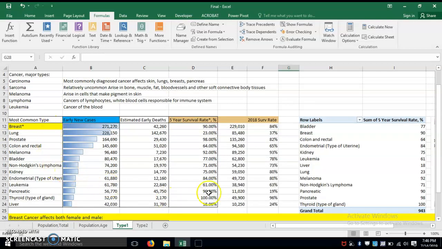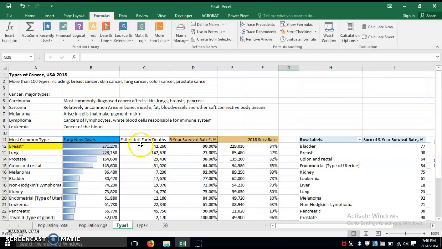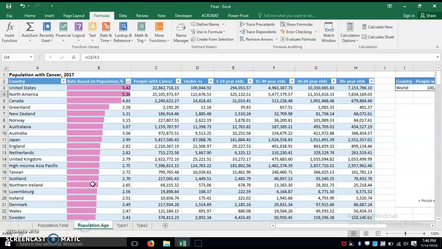And here is the rate of the 13 most common types of cancer. I just want to mention that it only relates to the United States in 2018. Why? Because as we already know, the United States has the highest rate of cancer.